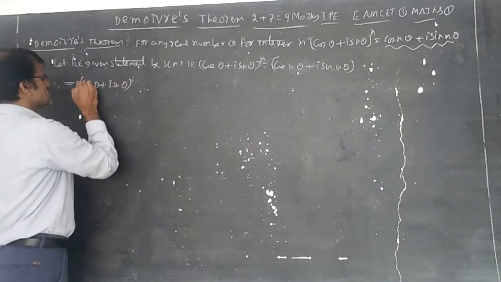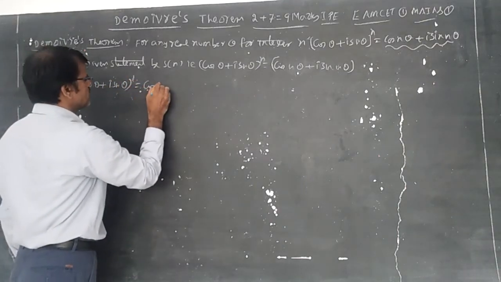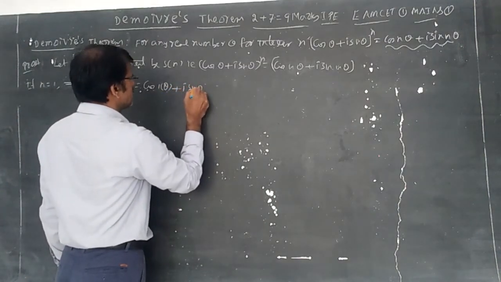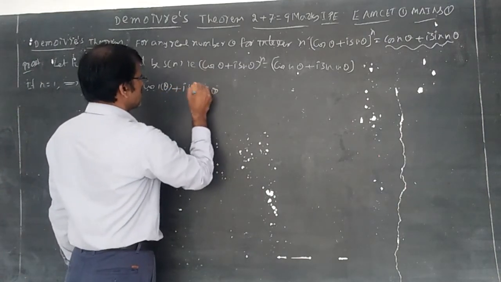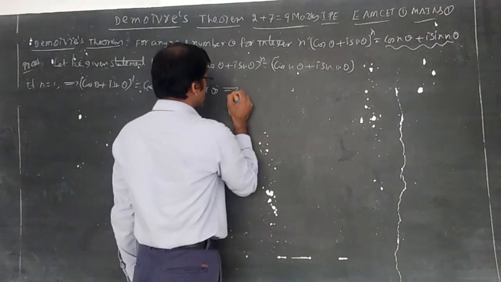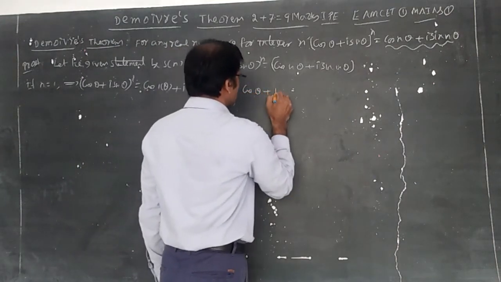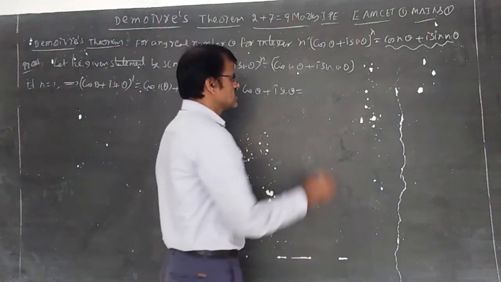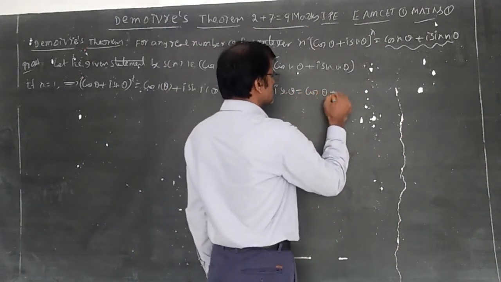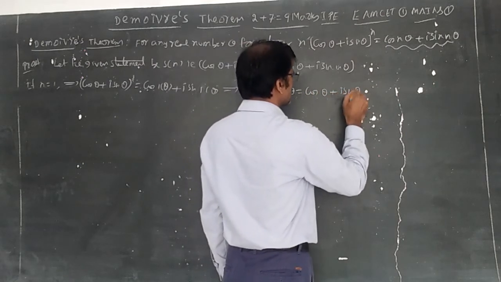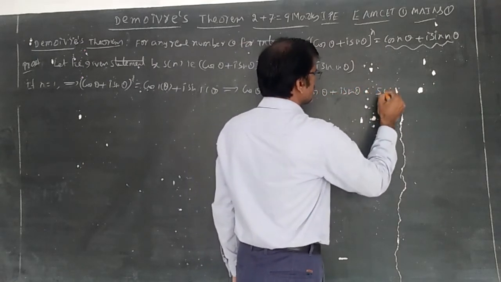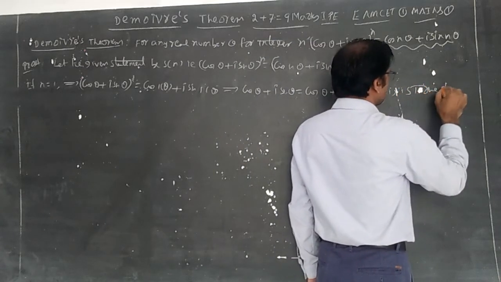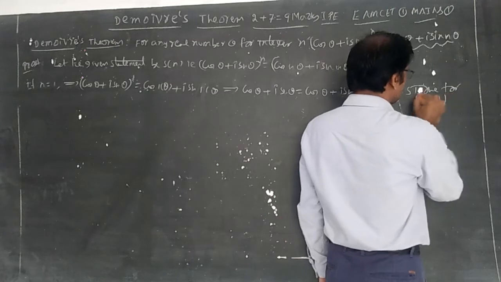So (cos theta plus i sin theta) whole power 1 is equal to cos 1 theta plus i sin 1 theta. Of course it is correct. That is, cos theta plus i sin theta is equal to cos theta plus i sin theta. Therefore, S1 is true for n equal to 1.